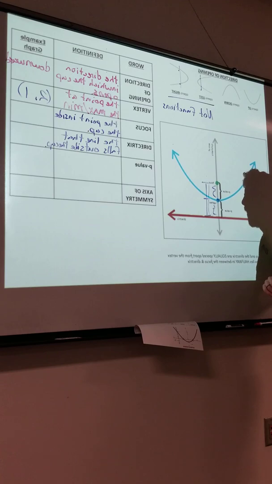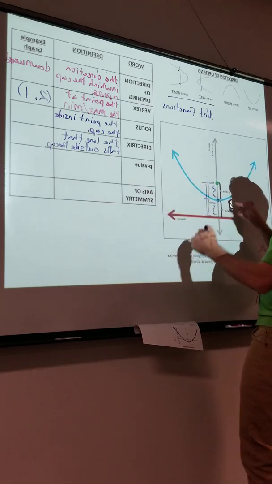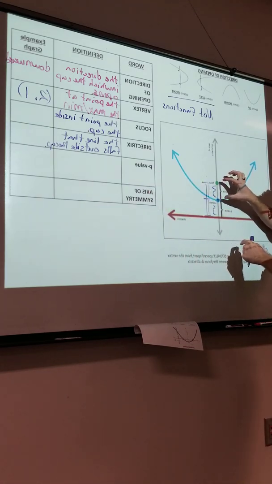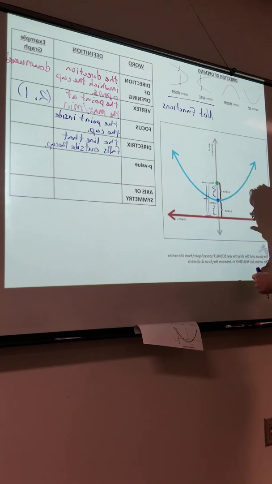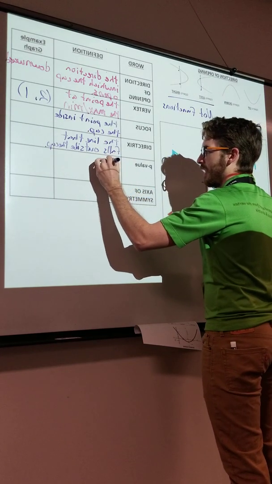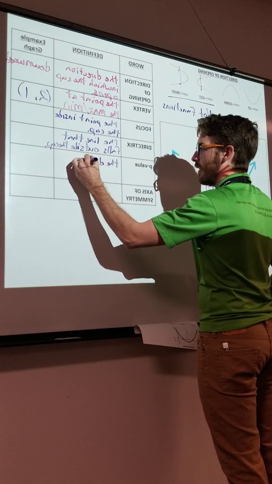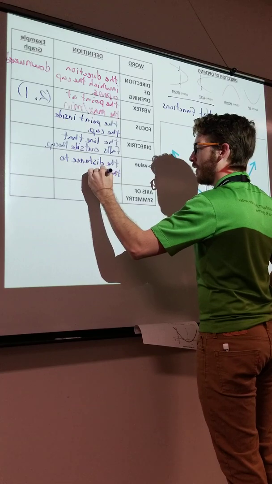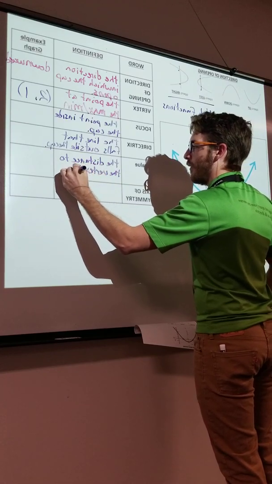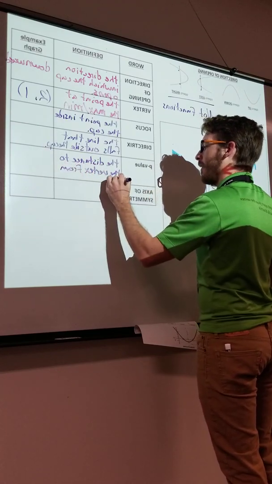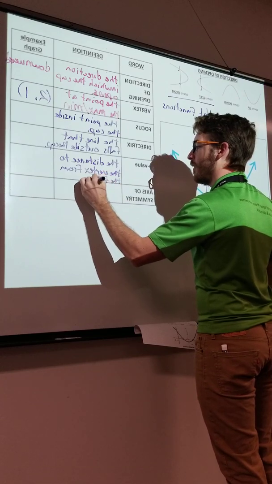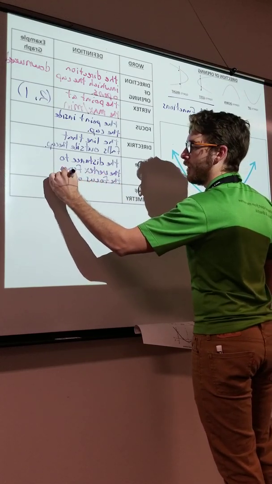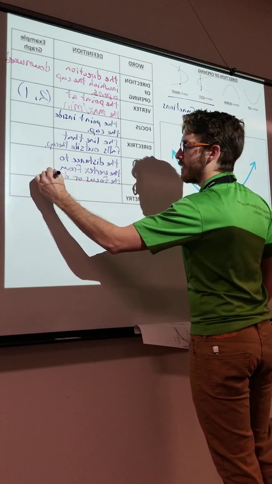Same thing. Okay? P-value is the distance from the focus or the directrix to the vertex. So the distance to the vertex from the focus or directrix.